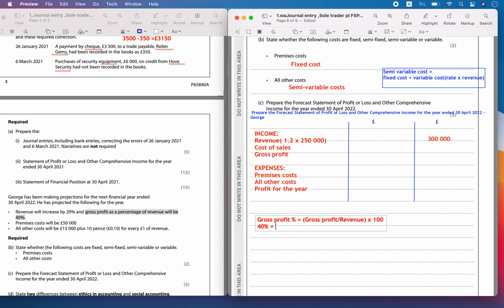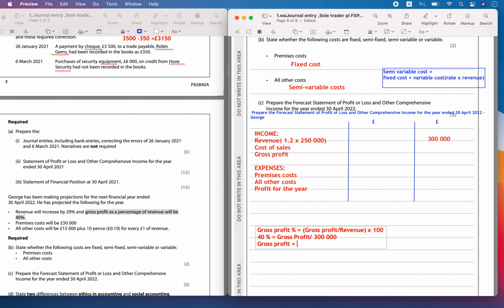He says this will be 40%, so we have to calculate the gross profit, which we don't know. What is given is the revenue, which has become 300,000, and this is 40%. From this we calculate the gross profit.